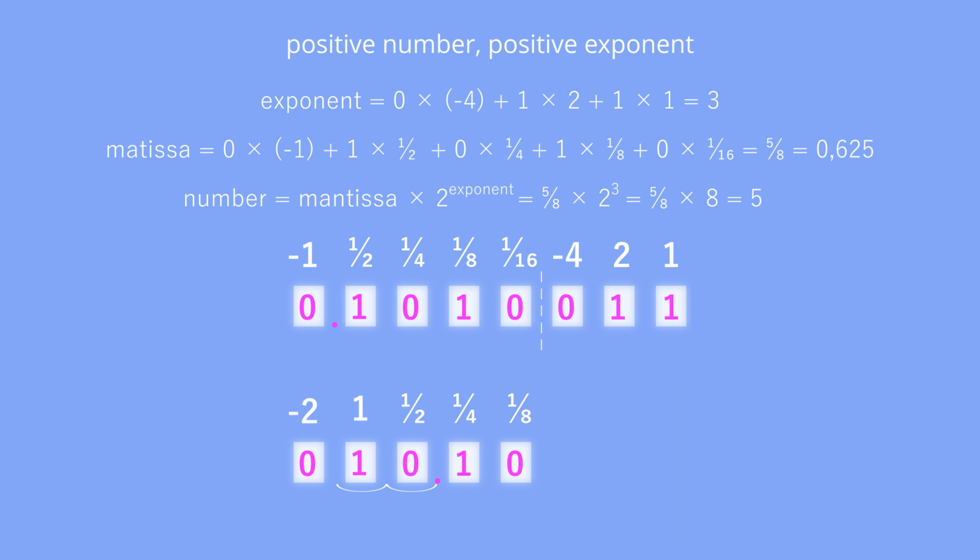Here we shift the point 3 positions to the right, because the exponent is equal to positive 3. Let's check the number. 0 times negative 8 plus 1 times 4 plus 0 times 2 plus 1 times 1 equals 5. So two different methods give us the same result.